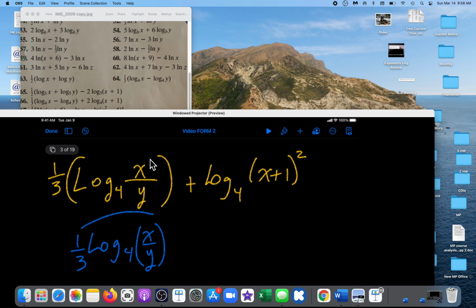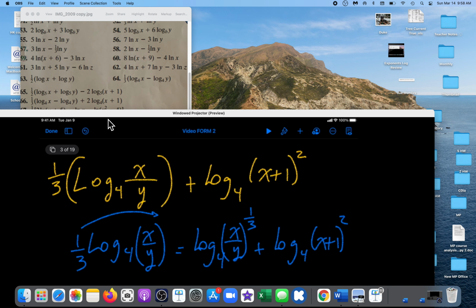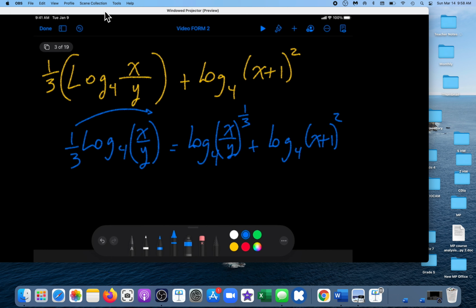We are now going to bring this up top, and that's going to equal log to the base 4 x over y in parentheses to the 1/3 plus log base 4 x plus 1 squared. Because both of these have 1 in front of them and it's the common base, we can combine these.